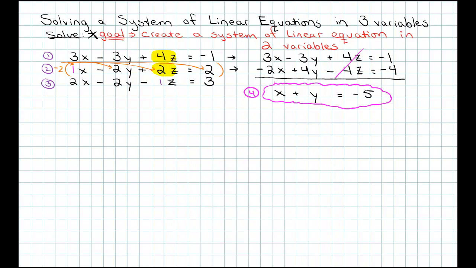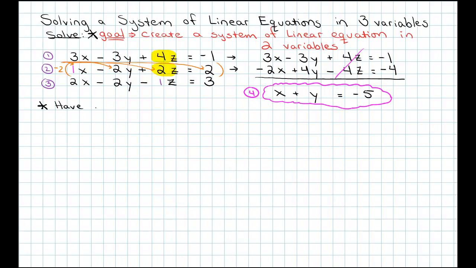Okay, we need another equation with two unknowns. So now I have to use the equation that I didn't use last time. I have to use equation number 3. In this step, it's very important that you remember you have to use the equation you have not used. You can't use the same two that you just used. So I definitely have to use number 3. I'm just going to make a note of that here.